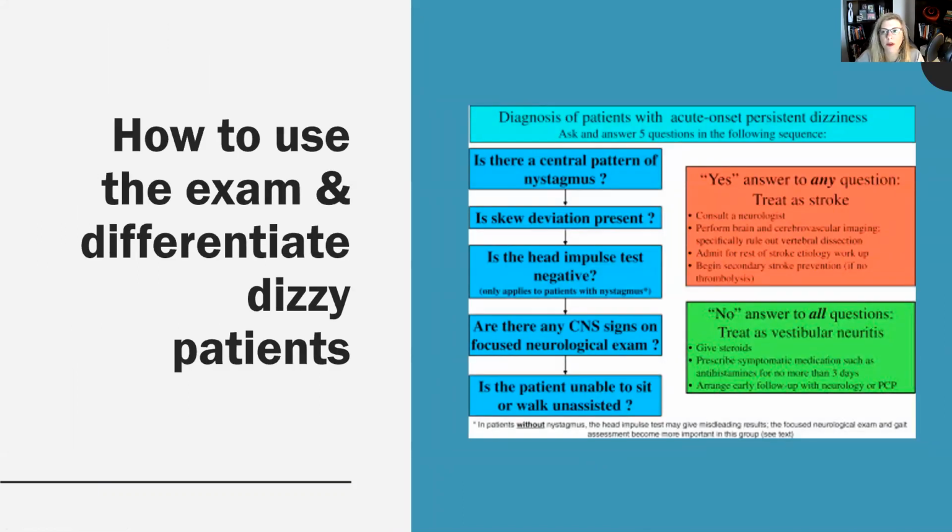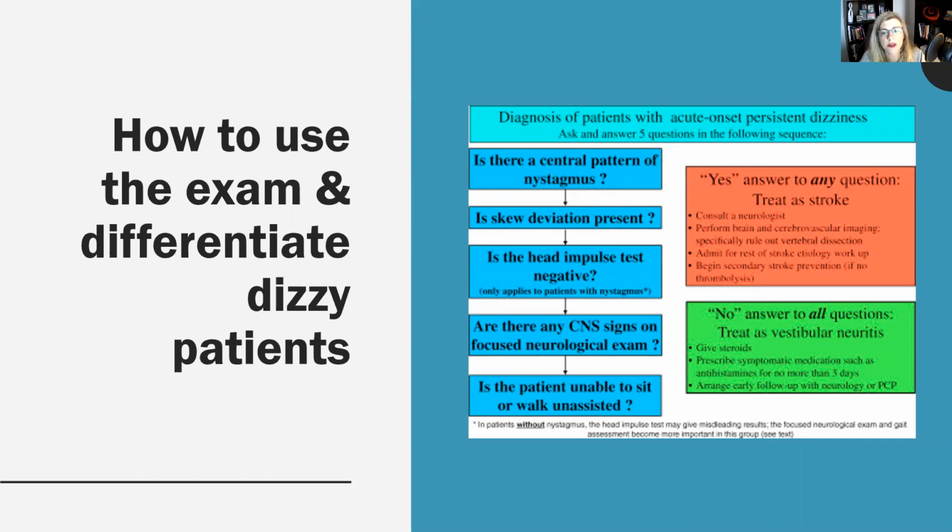Another way that a lot of emergency medicine folks like to determine whether this is central or peripheral, and specifically whether or not they need to treat it like a stroke: a lot of the neurologists got a lot of pages about dizzy patients, thinking that all of the ER doctors were paging out code strokes for dizziness. So they came up with this 5-question list in blue.